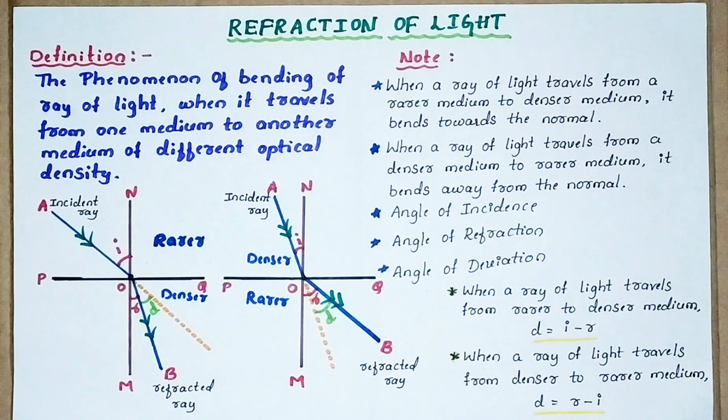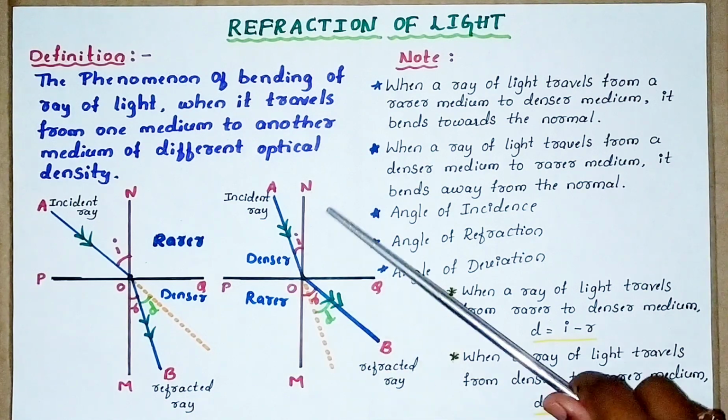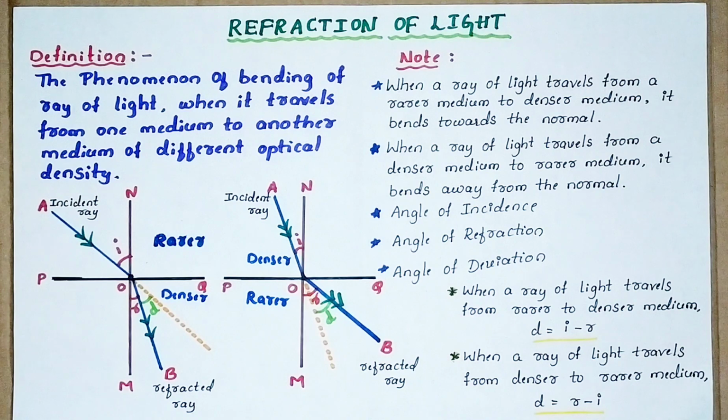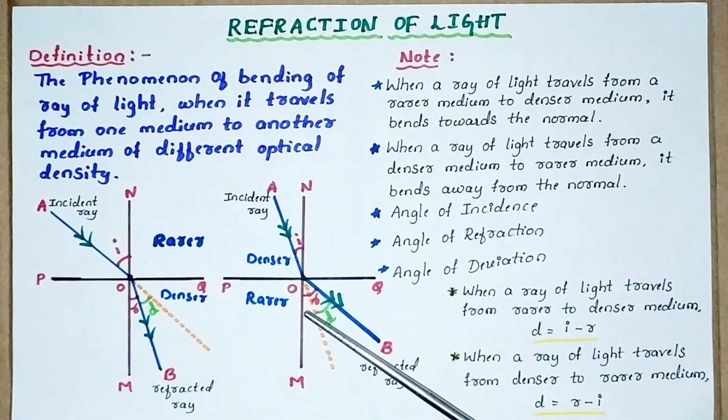What is an interface? An interface is an imaginary line or a straight line which separates two media, for example, air and water, glass and water, or water and air. So the interface is an imaginary line which separates two media.